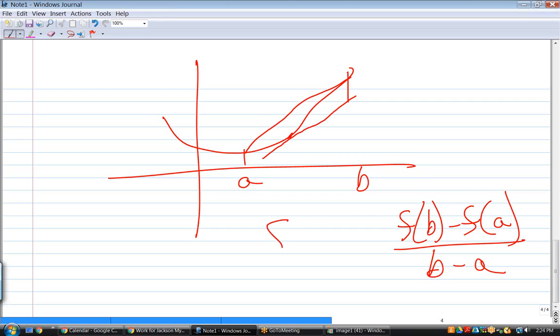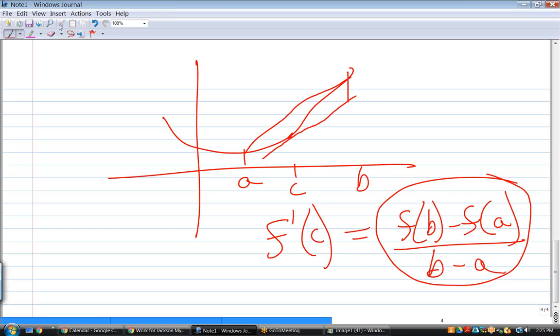So what they're saying is that f prime of some c equals that. In other words, if I find a c between a and b, and the slope of the tangent line at that c is the same as the average rate of change, then that satisfies the mean value theorem.